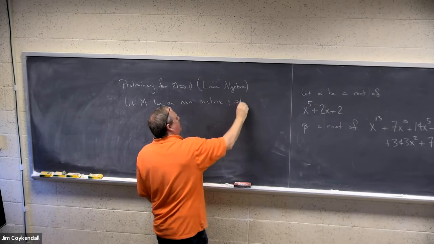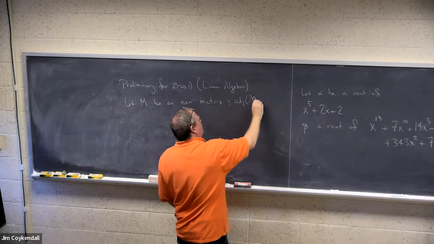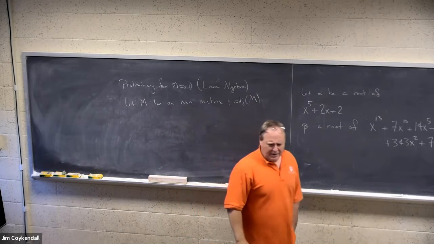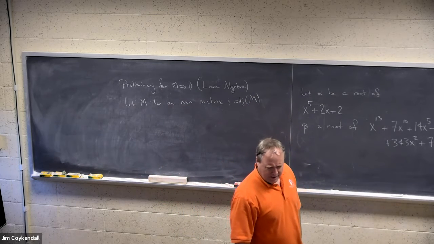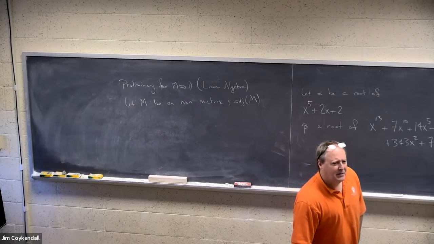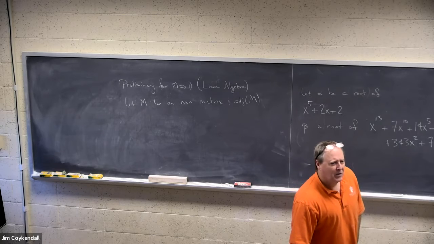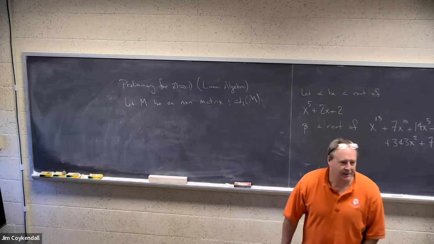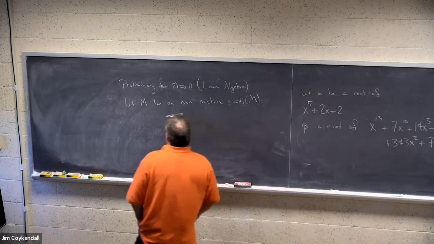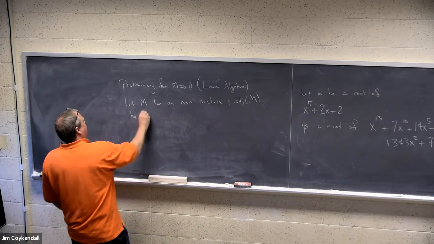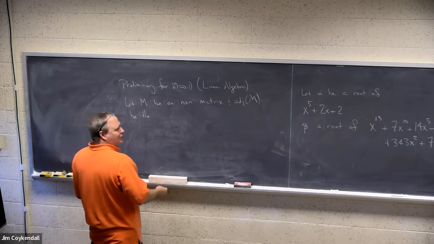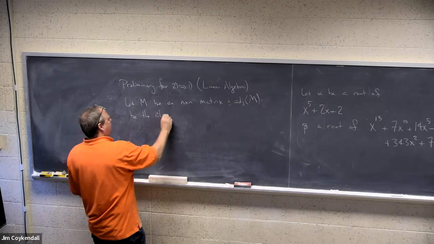And I'm going to let this be the adjugate. How many of you have heard of that before? Or the classical adjoint? Sometimes this is called the adjugate, or this is classical adjoint.